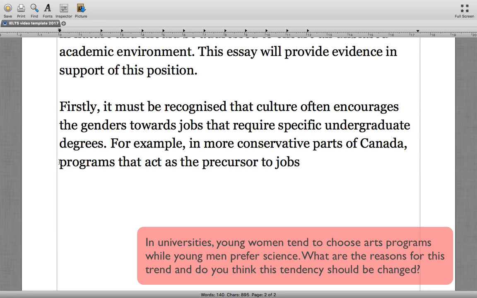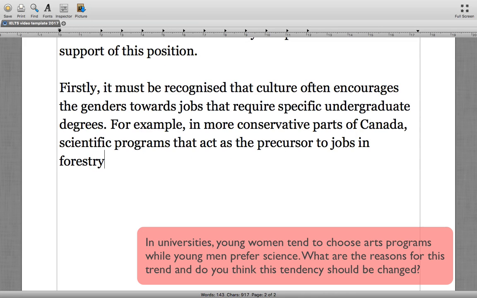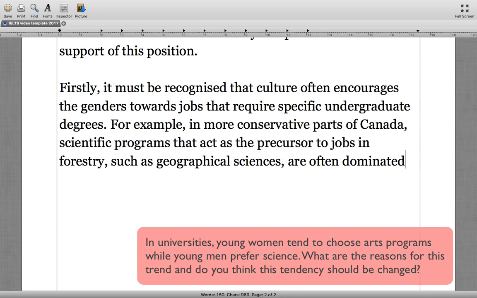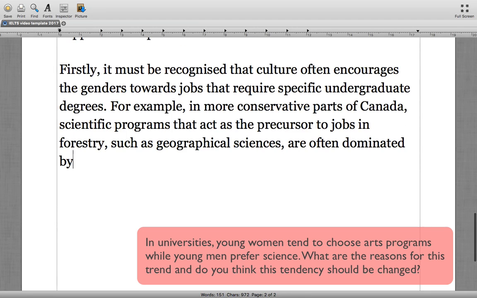Let me just add in here scientific programs, so we're being specific. The precursor to jobs in forestry, let's say something like such as geographical sciences, are often dominated by men.